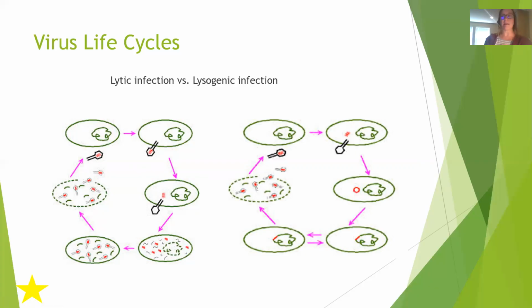And anytime that host cell divides, makes another copy, it will also make another copy of the virus. And at some point, something will trigger the virus to become active. And when it becomes active is when it starts to take over the host cell's machinery and make copies of the virus and infect other cells.